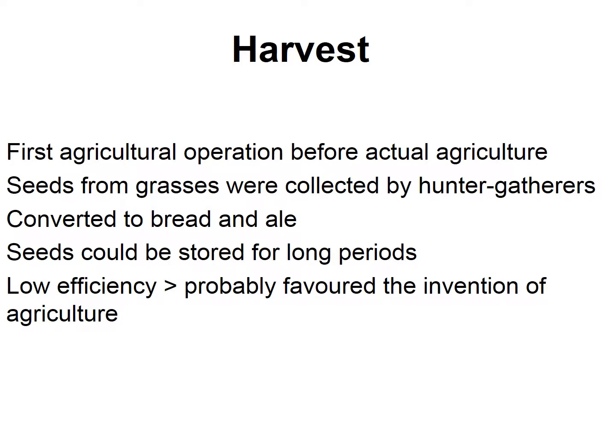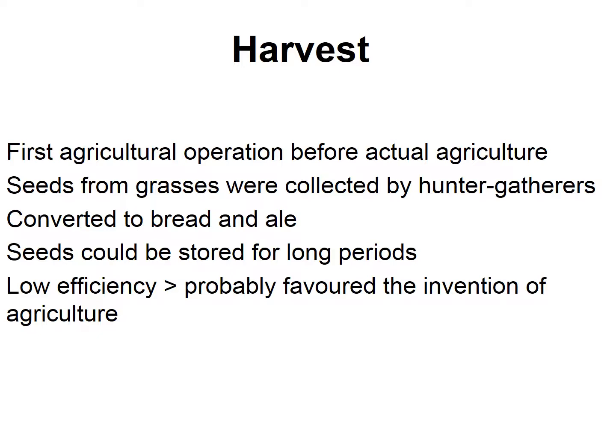First of all, let's consider that probably harvest was the first thing that was invented before actual agriculture. Tribes of hunter-gatherers were collecting seeds from grasses all around to supplement their diet, which was based on hunting and collecting fruits and seeds from natural vegetation.